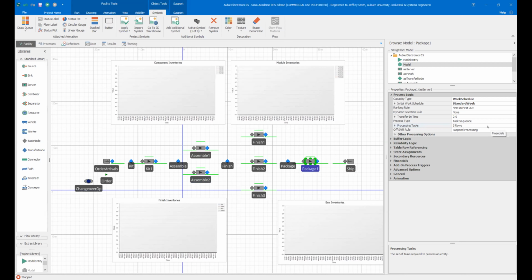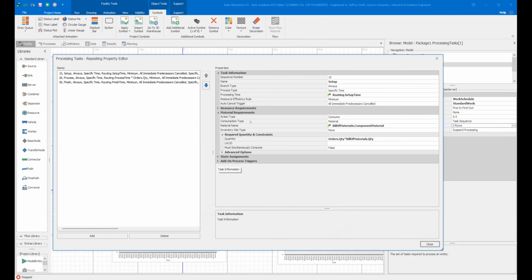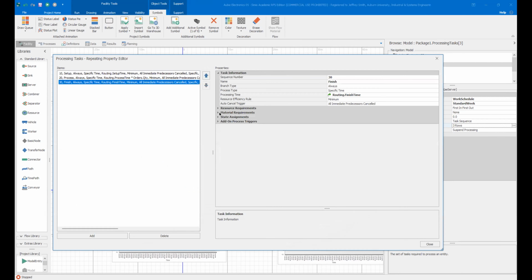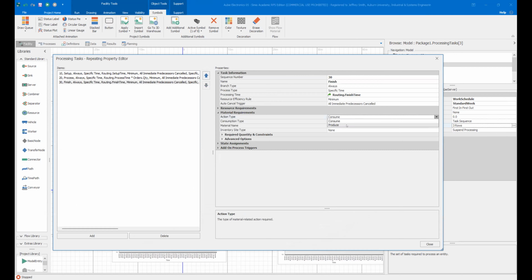So we could go in the task sequence here and say, well, let's use this material requirements, right? So we use material requirements here to consume the raw materials, but we can also use the material requirements to produce the finished goods, okay?